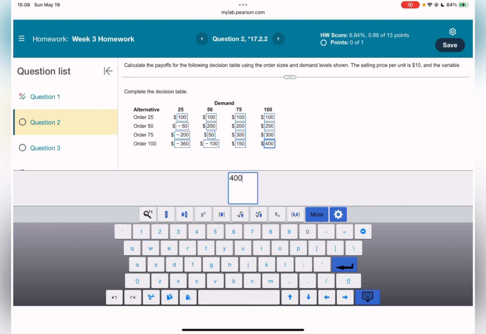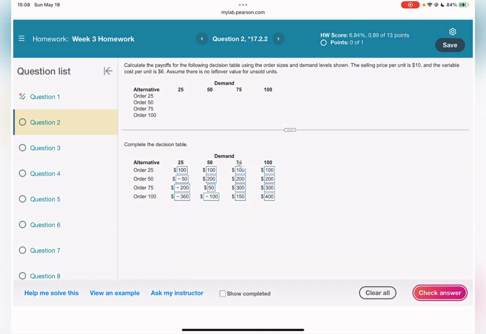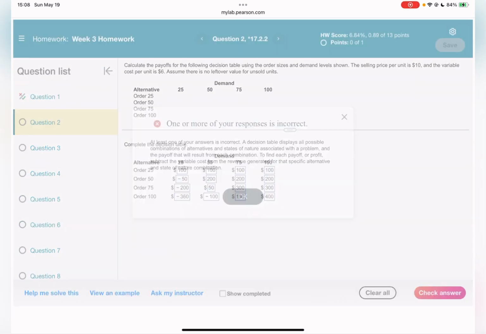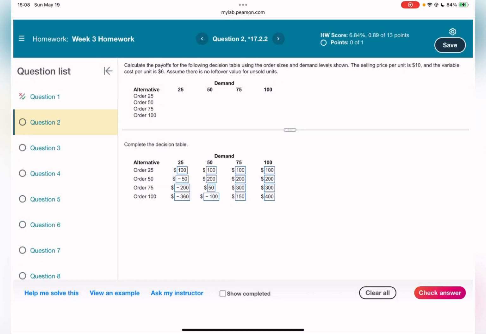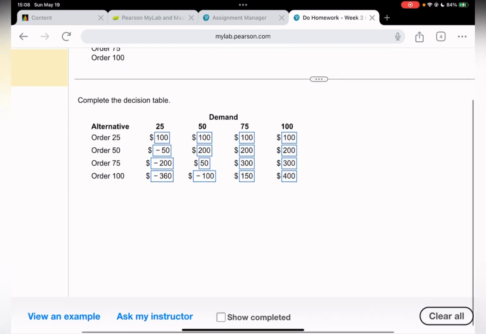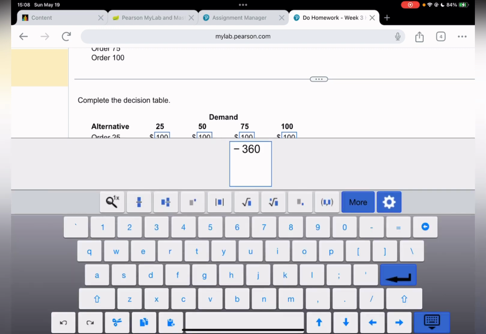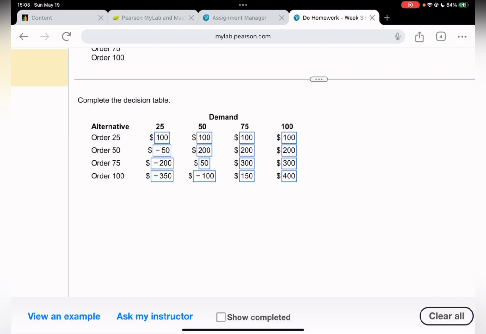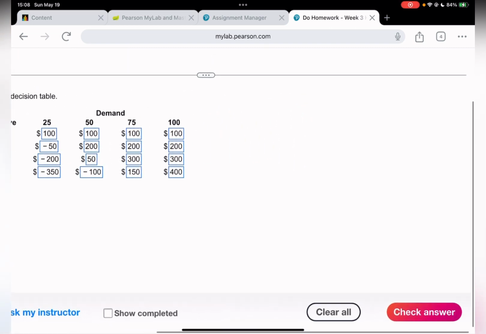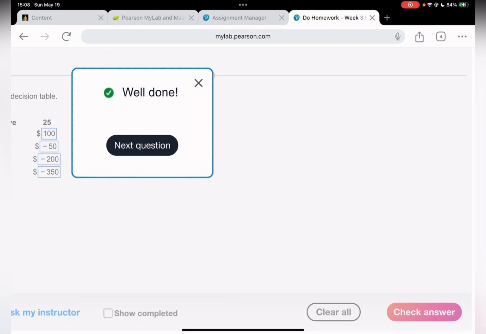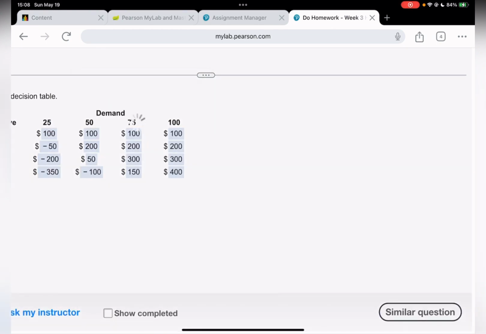All right, let's check it. $100, negative 50, negative 200, negative 350. I put 360. I don't have 350. 360, 350. Okay, that's a typo. Okay, finally we are good.